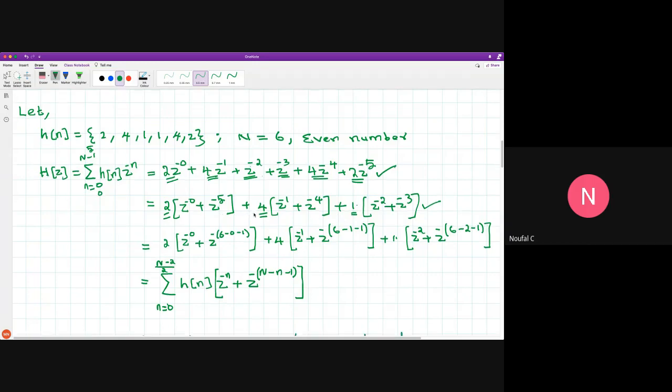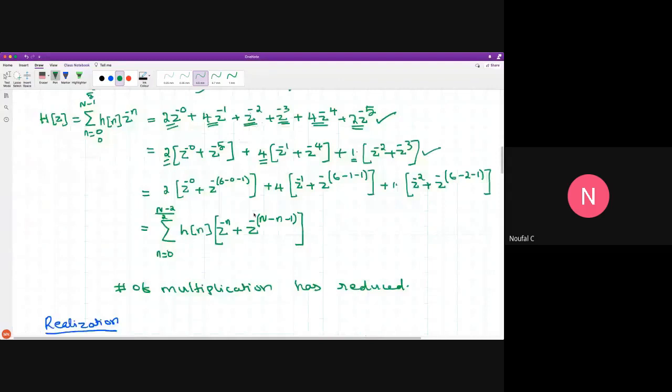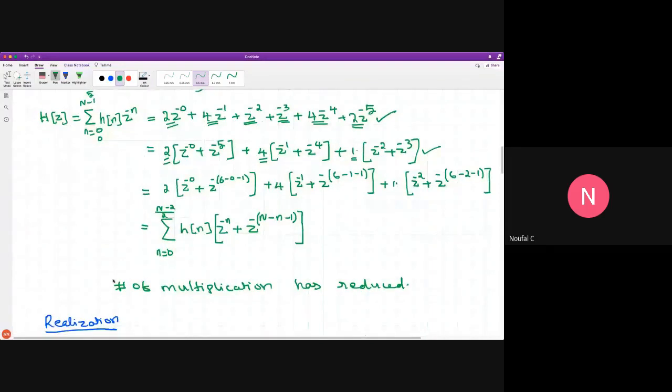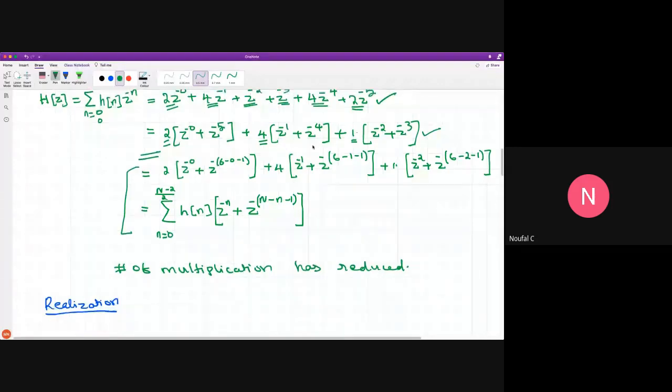Okay, so let me just stop at this point. Let me come to the realization, and I will explain these two equations once the realization has been finished. So this second equation is enough for us to perform the realization of this structure.